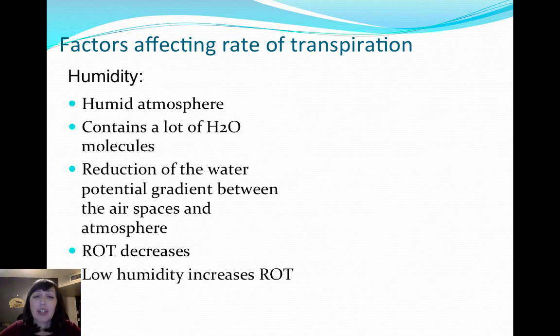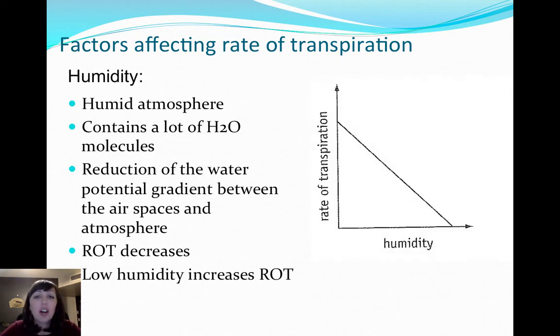Okay, humidity also affects rate of transpiration. In an atmosphere that is very humid, it contains a lot of water molecules in gas form. There will be a reduction of the water potential gradient between the air spaces in the plant and the atmosphere. We talked about how the water vapor moves out of the plant, from the air spaces into the atmosphere, going down the concentration gradient.